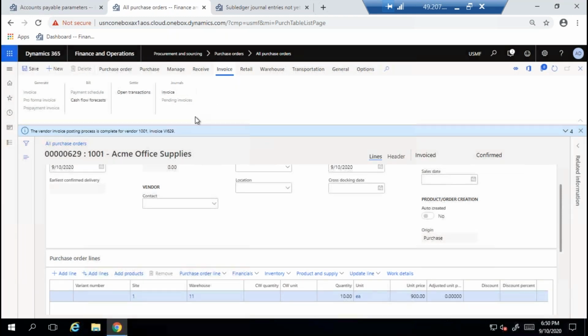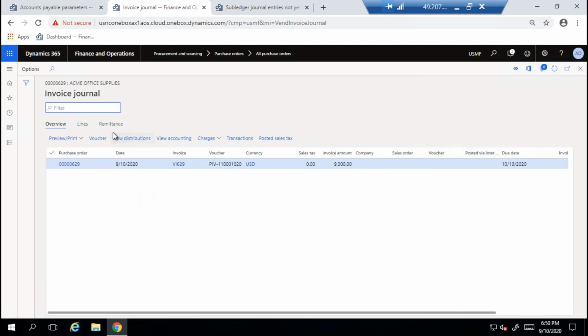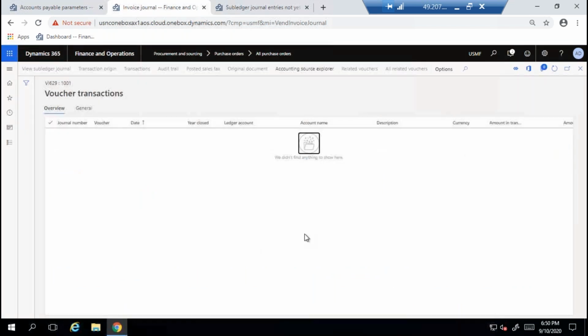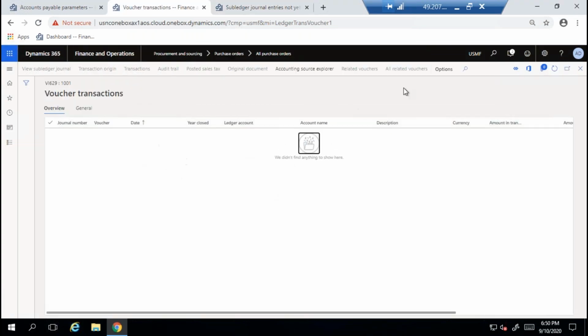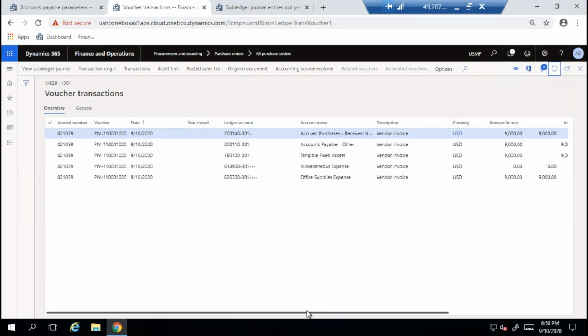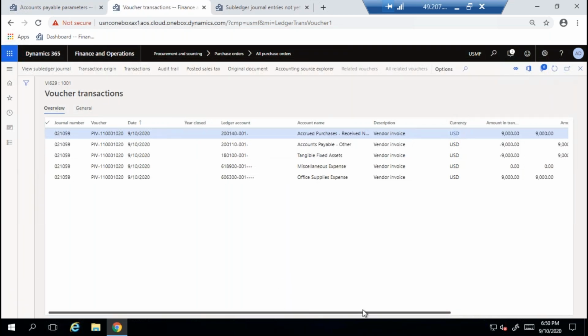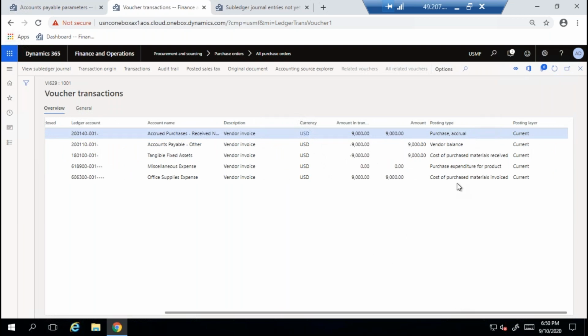So now if you verify, there will be 5 ledger accounts. Let me transfer. Actually after 2 or 3 minutes it will be updated, but I'm not giving time to the system to execute. I'm executing immediately.